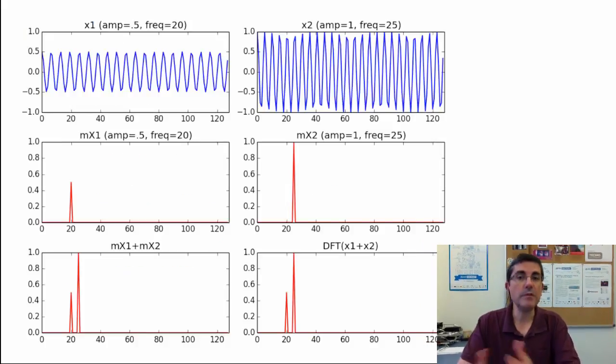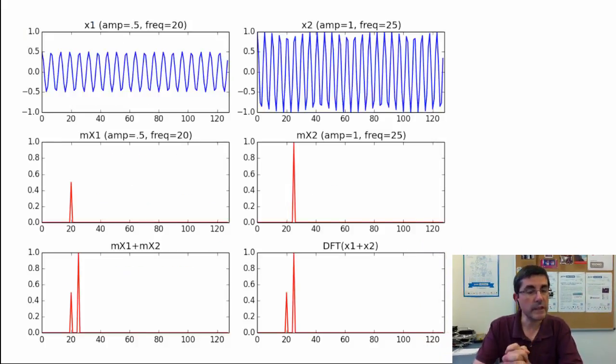And we can exemplify this with two real signals. If we start with a signal x1 that has a given amplitude and frequency, and another signal x2 which is also a sinusoid with a given amplitude and frequency, we can compute the DFT of these two signals separately. So we can see the magnitude spectrum, the absolute value, of signal x1, and the magnitude spectrum of the signal x2, and we can sum the two.